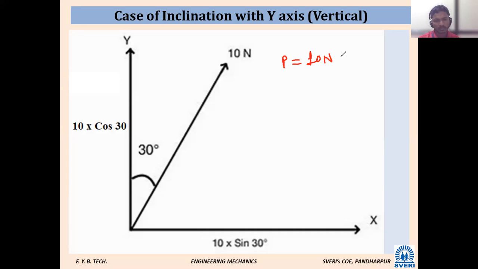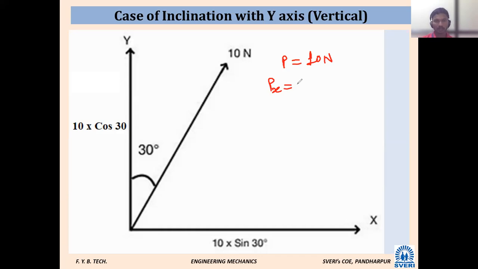It is very simple again. Inclination with the vertical axis is given now. That is the change as compared to this. Otherwise, it is nothing. Let us say I want to calculate its X component. Before that, one basic question: in which quadrant does this force lie?